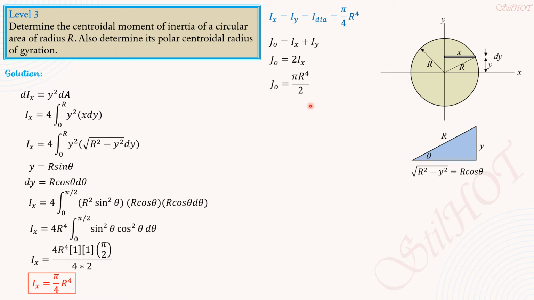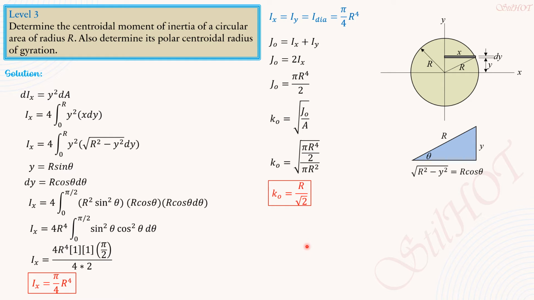The area of the circle is pi r square. So Ko, the polar centroidal radius of gyration, is the square root of Jo over area. So Ko is equal to pi r4 over 2 divided by pi r square, which is the square root of r square over 2. Therefore, Ko, the polar centroidal radius of gyration, is r over square root of 2 for a circle with respect to the centroid.